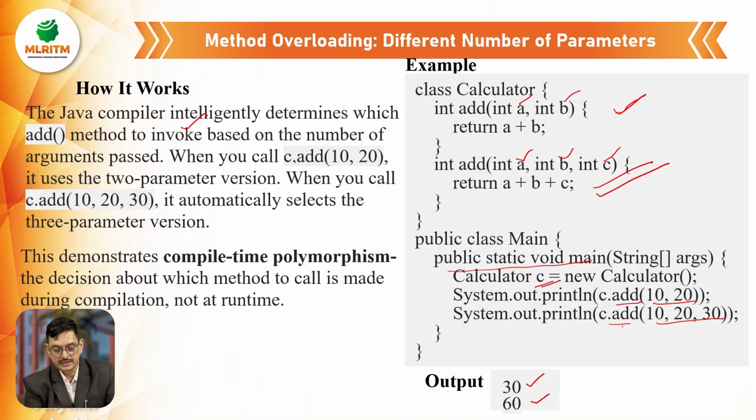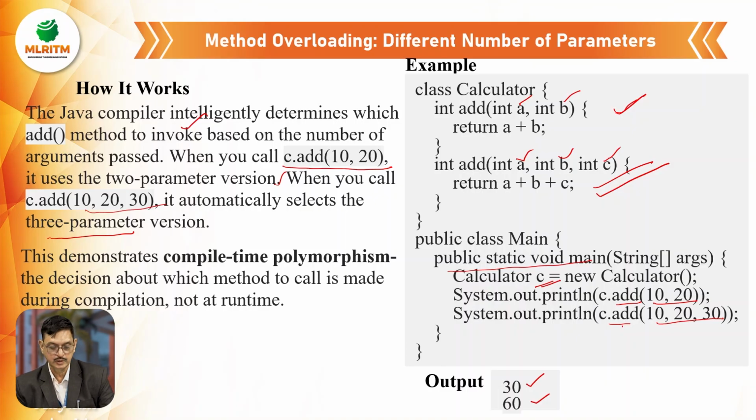So when you are calling add 10 comma 20, it identifies the first version, the two parameter version. When you are calling add with three parameters, it automatically selects or identifies the second version with three parameters. Okay, right. Whatever code we have written, we already supplied at compilation time, or compiler time.